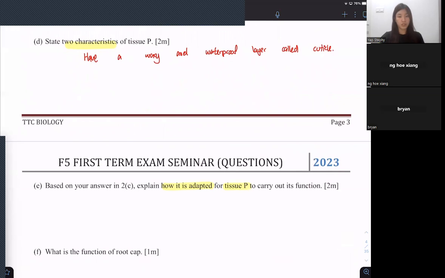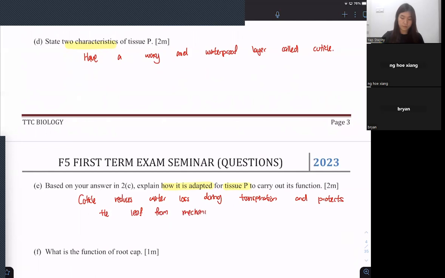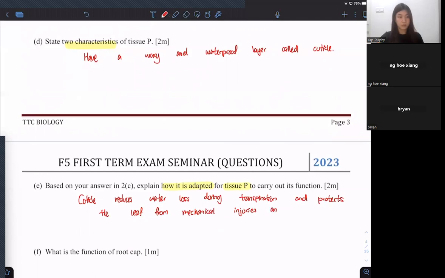For the cuticle function, you write: cuticle reduces water loss during transpiration and protects the leaf from mechanical injuries and pathogens. Yeah, like this.